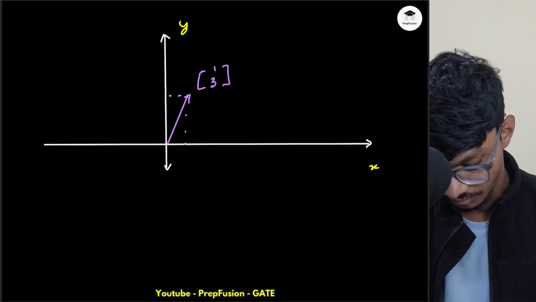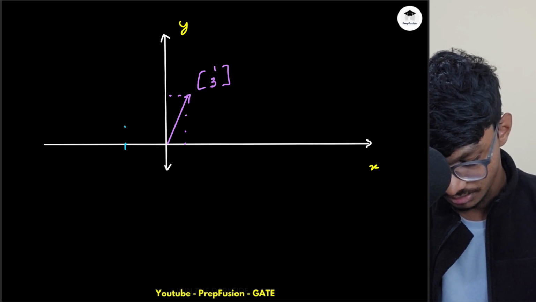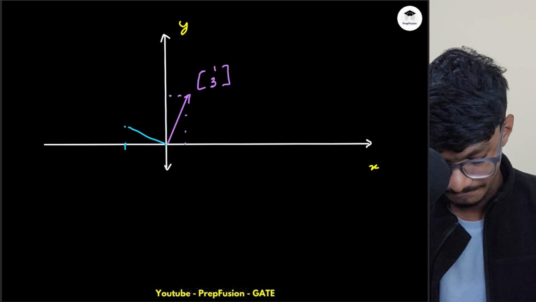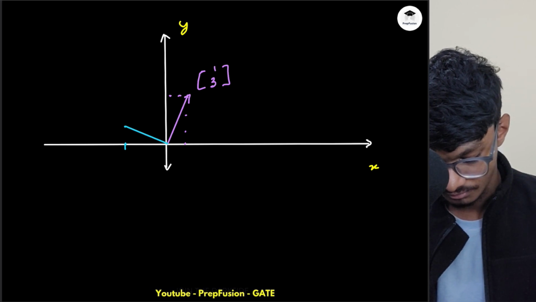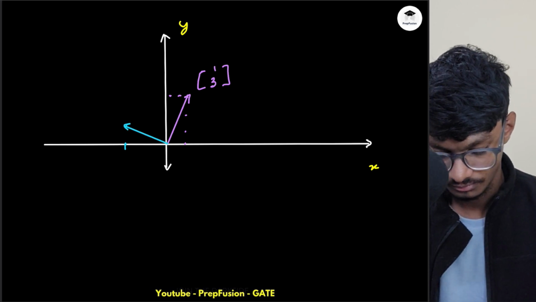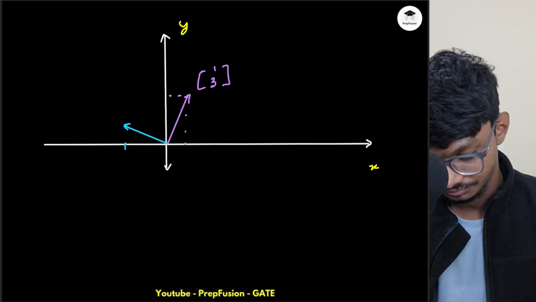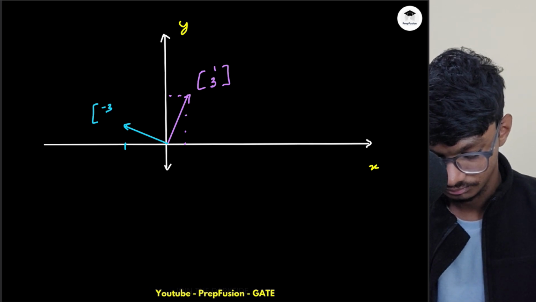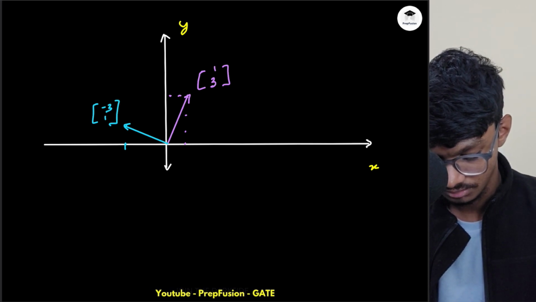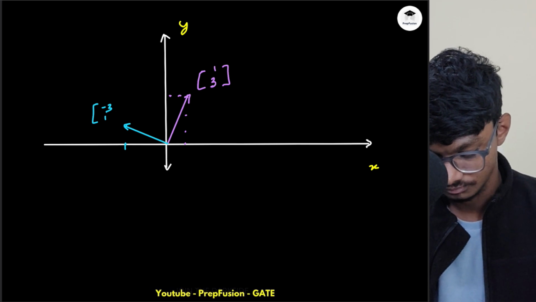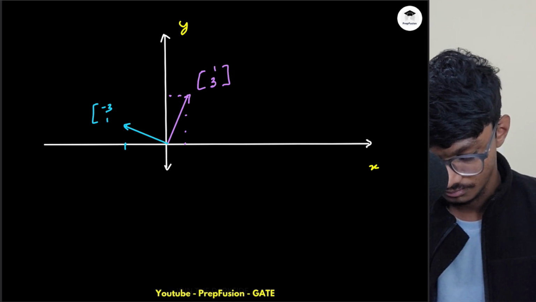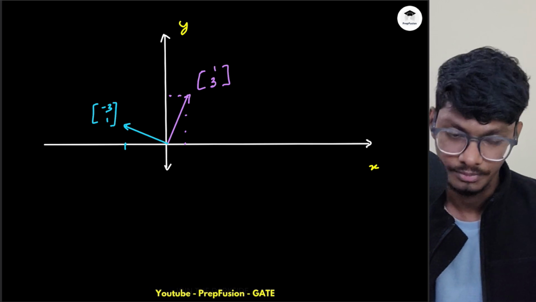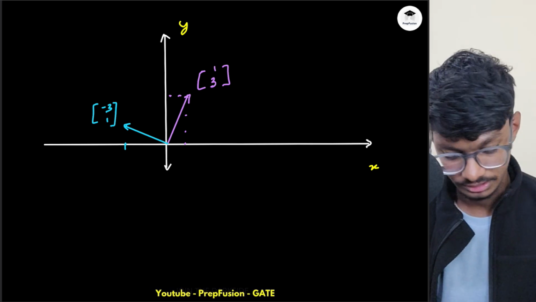So here somewhere around here I will lie, and plus 1 j cap, this. Okay, so this is minus 3 and plus j cap. So like this is this line.